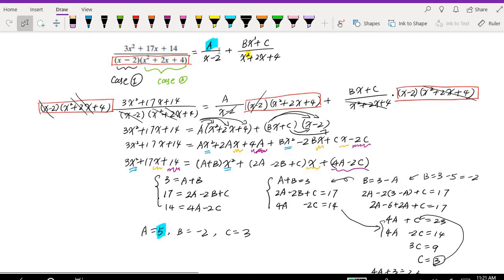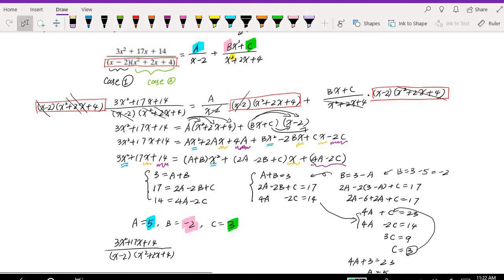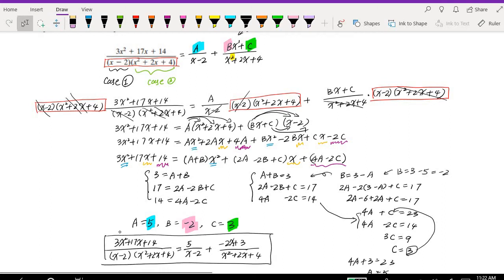A is 5, b is -2, and then c is positive 3. So now I'm just going to do a substitution and write down my answer. So this is just going to be equal to 5 over x minus 2 plus -2x plus 3 over x squared plus 2x plus 4. So that is my final solution for this question.